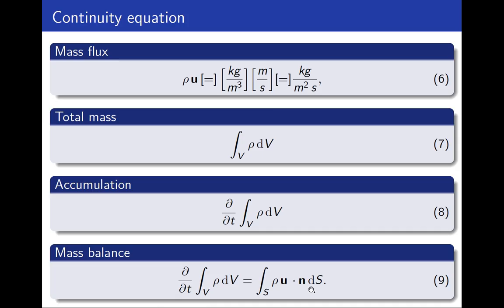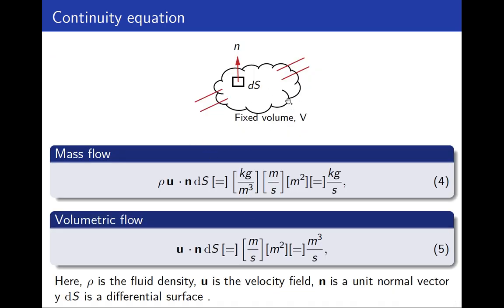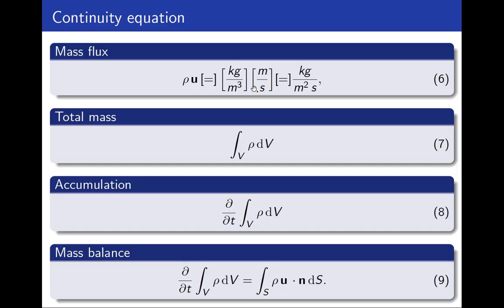In most cases, the quantity of fluid that enters the volume control has to be equal to the quantity of mass that leaves it. But if that doesn't happen, that means some quantity of mass is being accumulated in the volume control. That's why we introduce the accumulation term. So the general mass balance tells us that the accumulation has to be equal to this quantity.